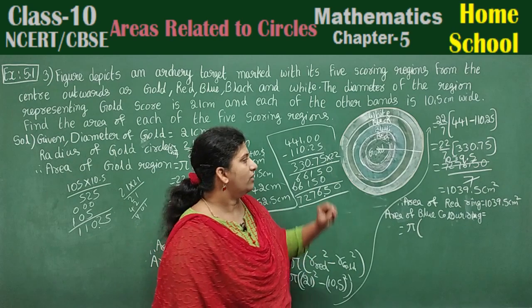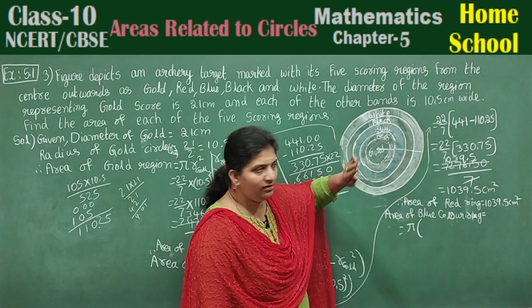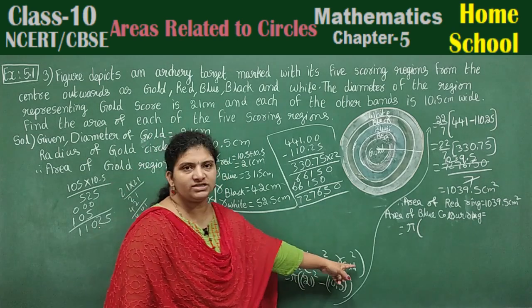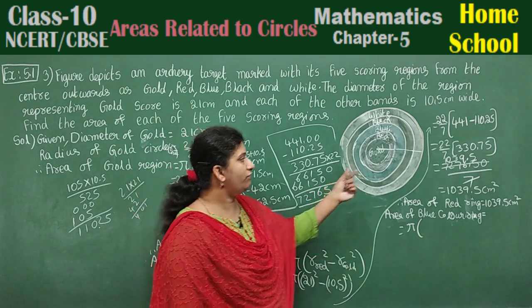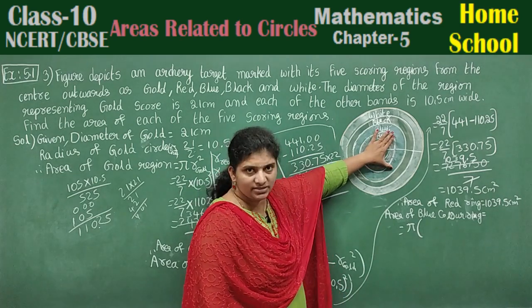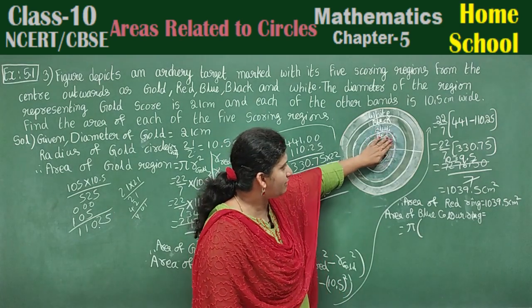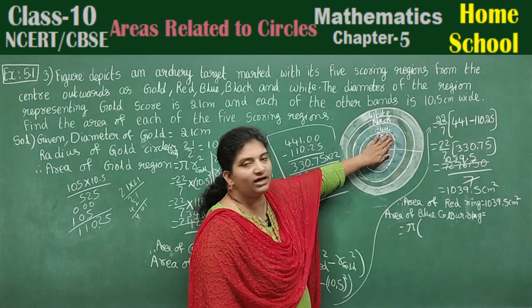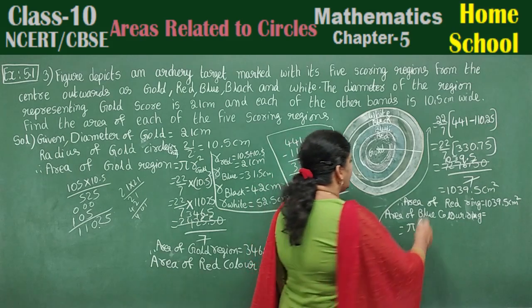Understand carefully. When you want this red ring, area of red circle minus area of gold circle you have done. But if you want blue color ring area, area of blue colored circle minus before color what you have? Red. Okay, area of red color circle. How to write this one?